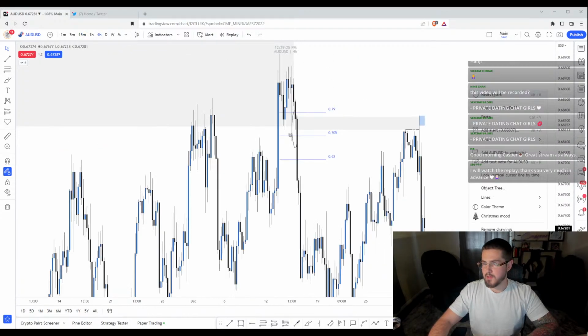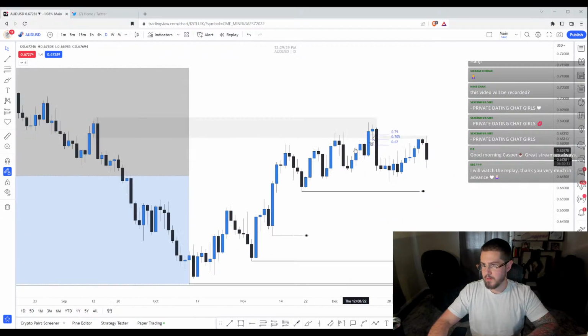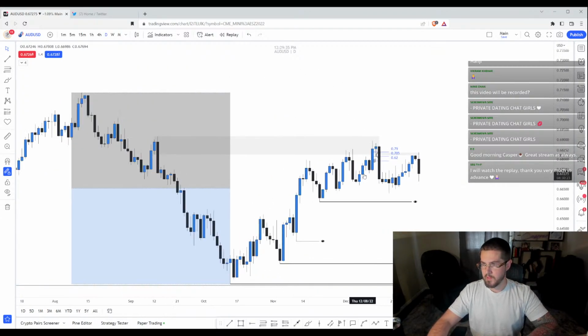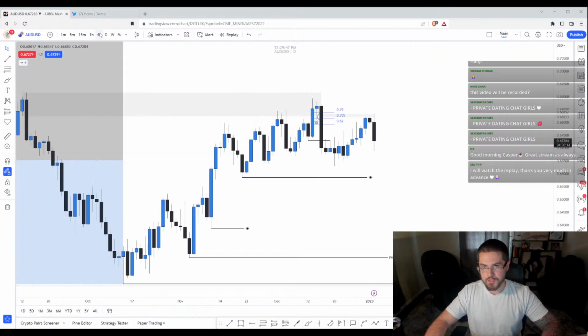First thing I want to talk about is Aussie dollar. Now, I've been tweeting about this for some time. The first tweet I put up, I think we were back in here about a couple weeks ago, talking about this order block we tapped into. We're in the premium of this daily swing range. So the daily has started to shift that internal structure. We took out that short-term low, and now I've moved back up into this order block, which I refined down.